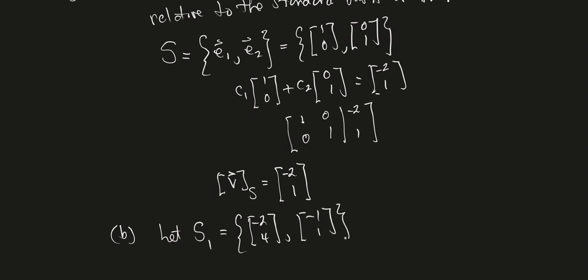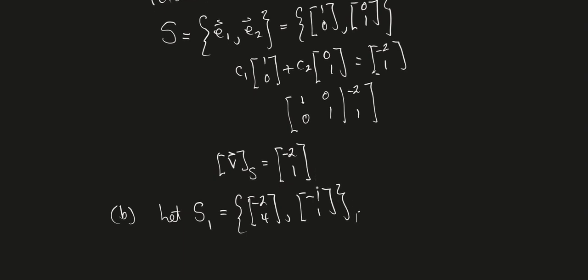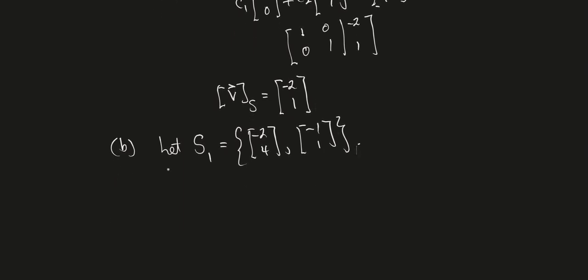Let's actually show that this set is a basis for R2, and the easy way to do that is to show that the determinant of the matrix with these two columns is non-zero. I'll do that quick proof. Let A equal -2, 4, -1, 1.